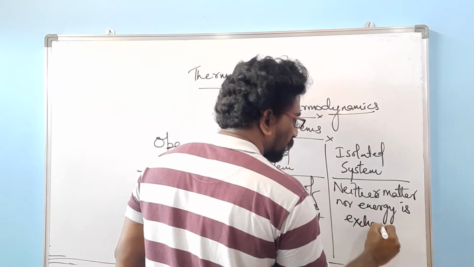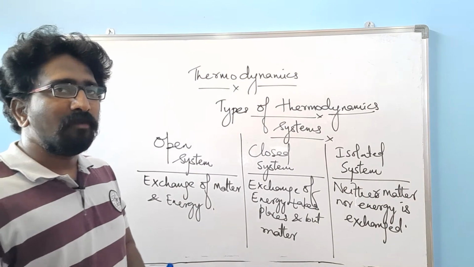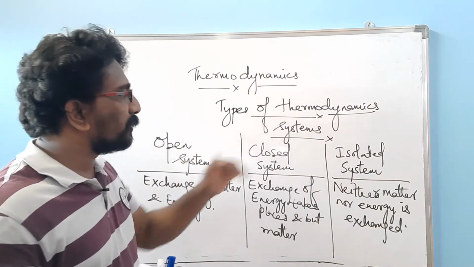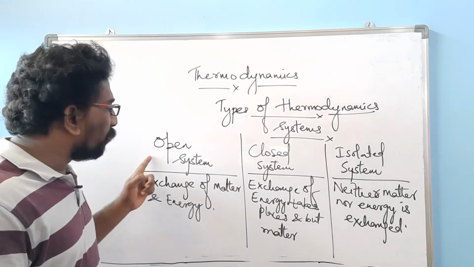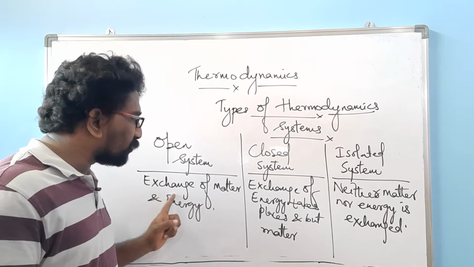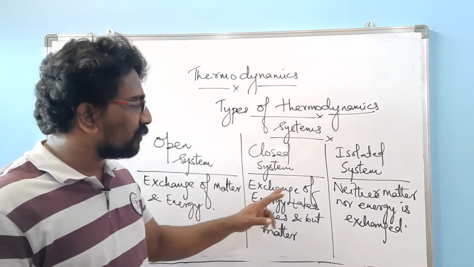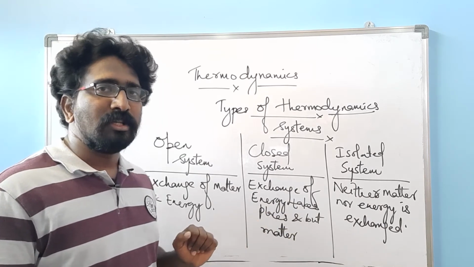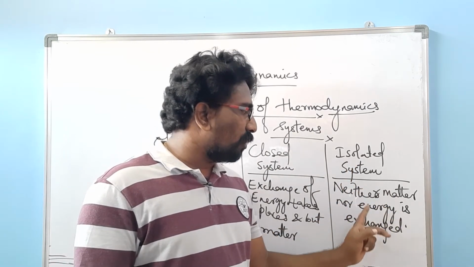So now let us understand in detail with an example what is meant by open system, what is meant by closed system, and what is meant by isolated system. Up to now I have told that in an open system it will be an exchange of matter and also exchange of energy. In closed system it will be exchange of energy, but not the exchange of matter. But when it comes to the isolated system, neither matter nor the energy will be exchanged.